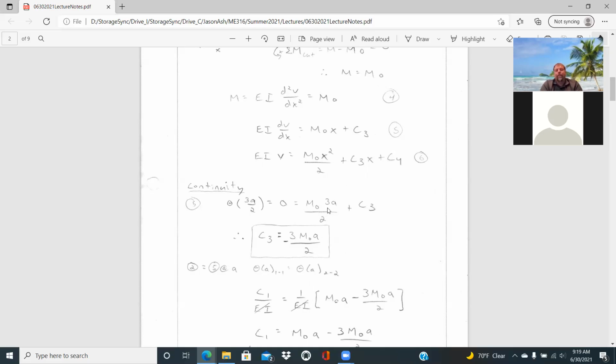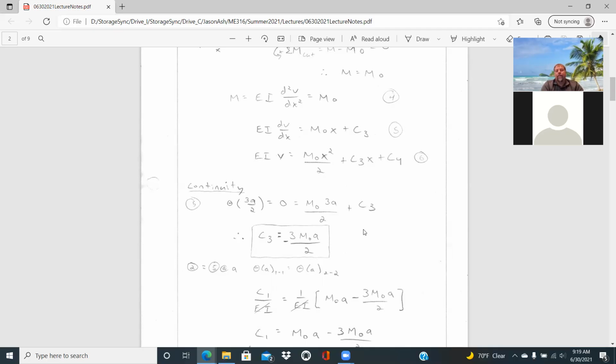And then we have M0 times 3a over 2 plus C3. And so that was a nice continuity condition to place into equation 5, because it gives us one equation, one unknown, where we can solve for C3. And so C3 then is equal to minus 3 M0 a over 2.